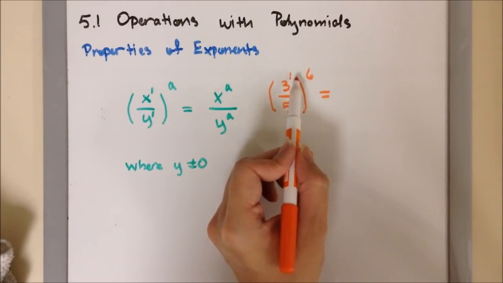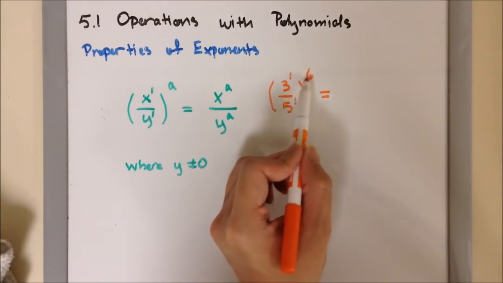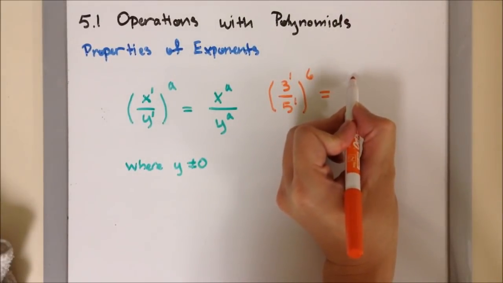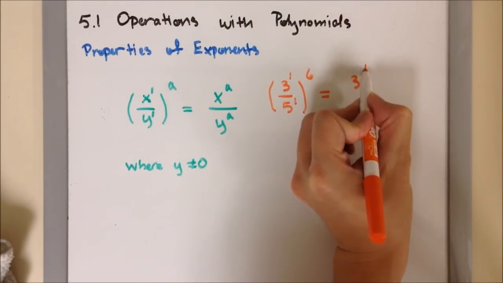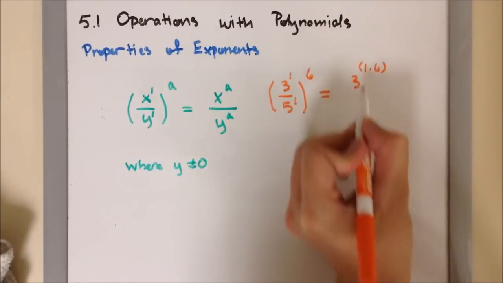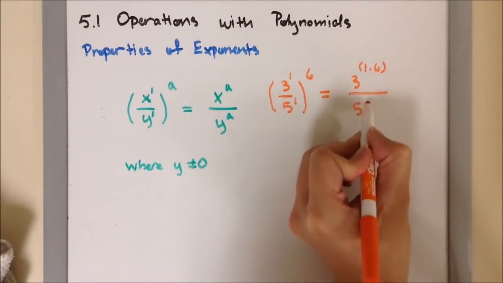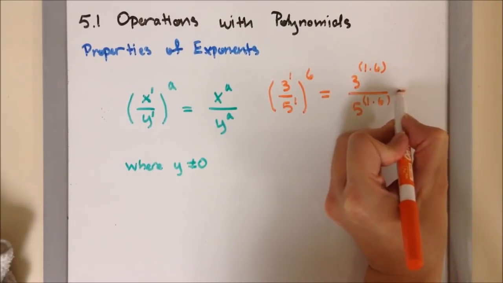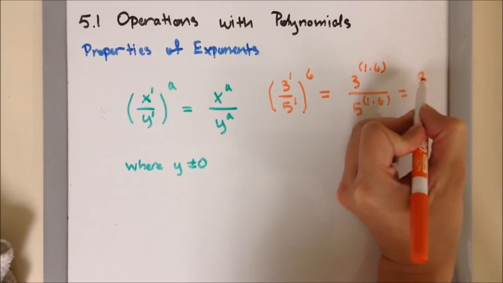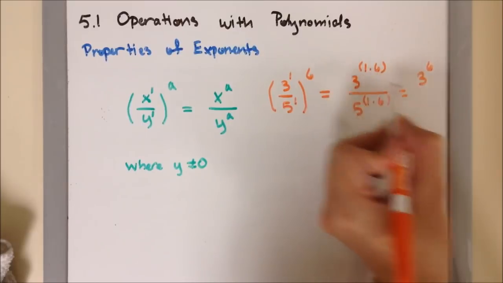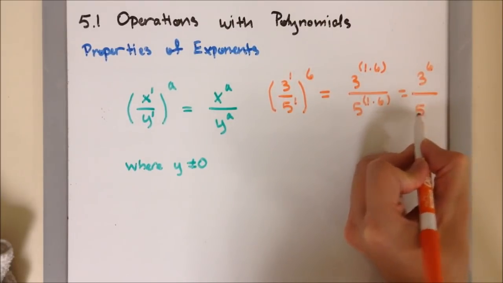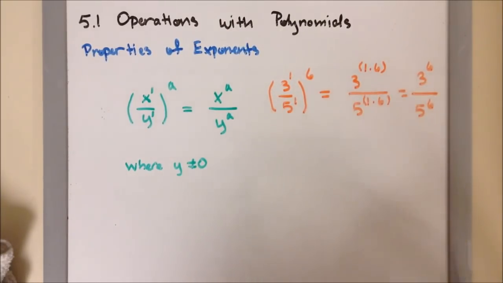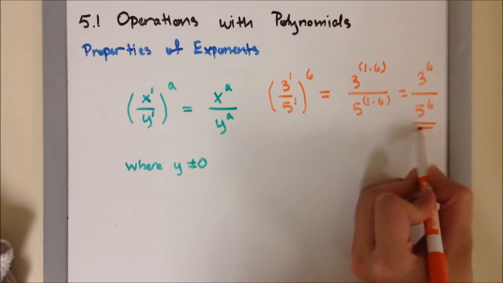So since we have another exponent directly outside the parenthesis, I'm going to do 3, 1 times 6, over 5, 1 times 6 also. That would simplify to 3 to the 6th power over 5 to the 6th power, because 1 times 6 is 6. That will be our final answer.